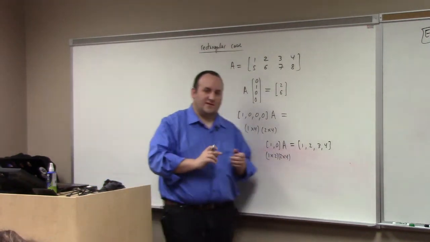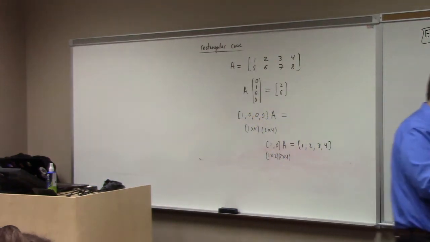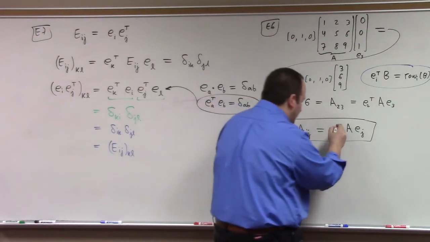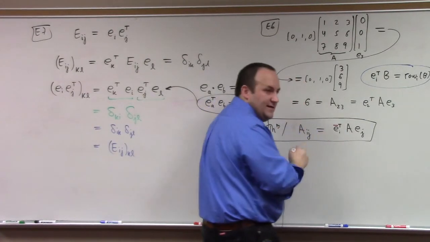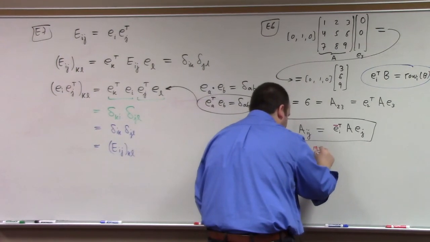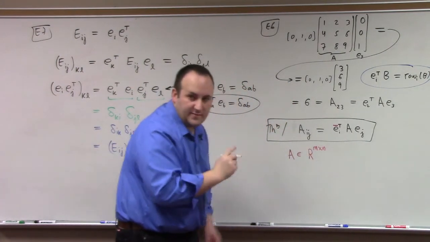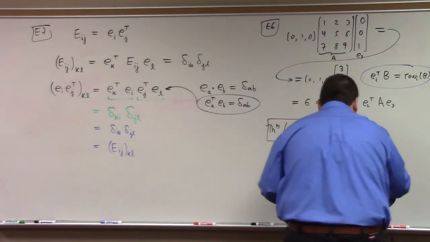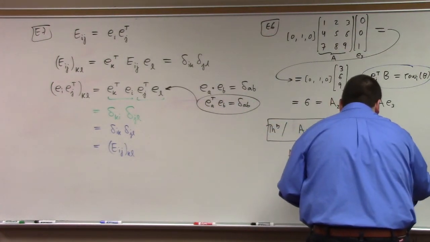So this box thing over here, it's not quite true. To be a little bit more pedantic about this, I really should put a bar on this guy and say that if A is an element of R^(m by n), then to make the multiplication make sense, I need 1 by m times m by n times n by 1.